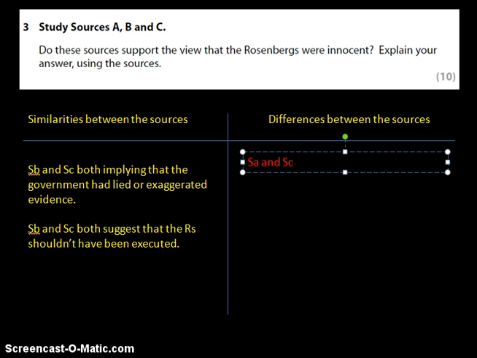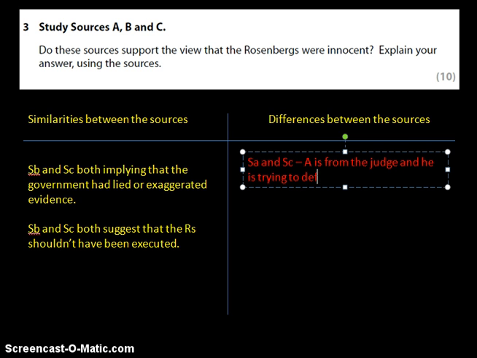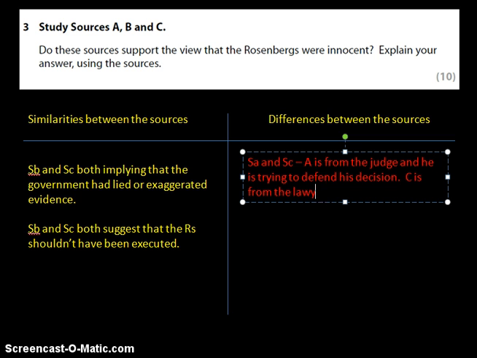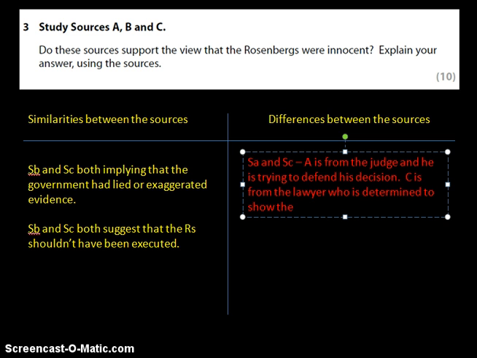Firstly, source A is from the judge who was presiding over the case, and he is trying to defend his decision, whereas C is from the lawyer of the Rosenbergs, who is determined to show their innocence.